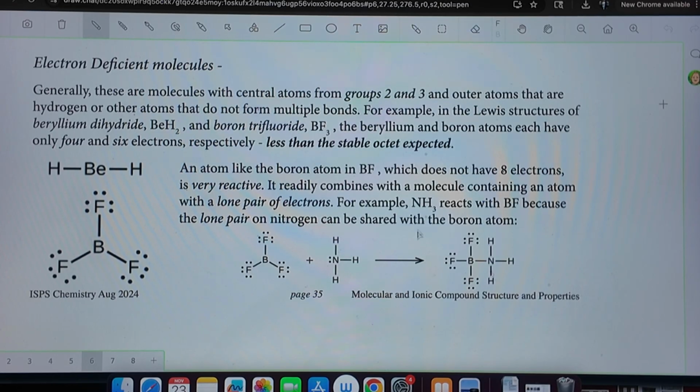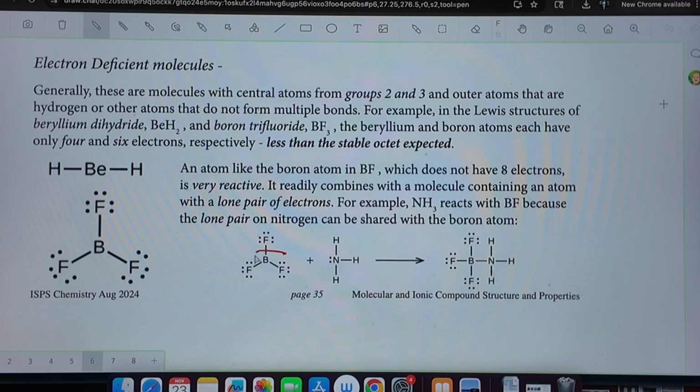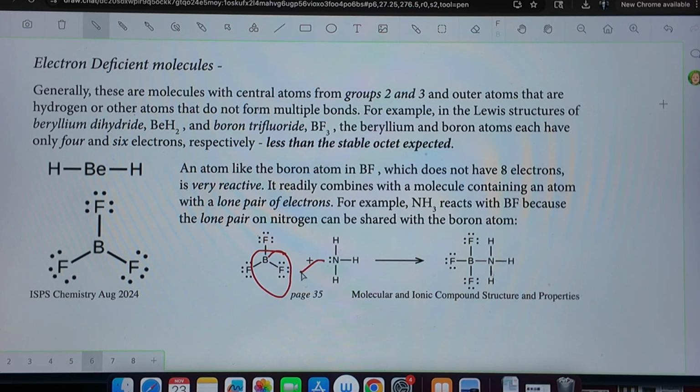So, for example, here's another example. NH3 reacts with BF3 because the lone pair on the nitrogen can then be shared with the boron atom. I don't know why they wrote BF, but I guess they're talking about this BF3 right here. This nitrogen will attack the boron.